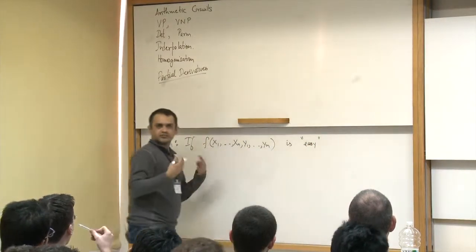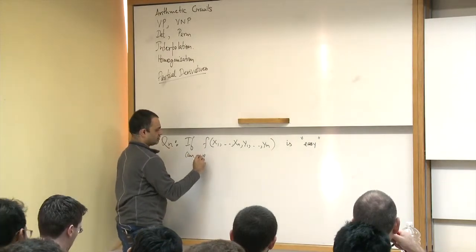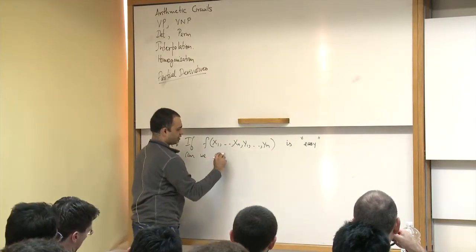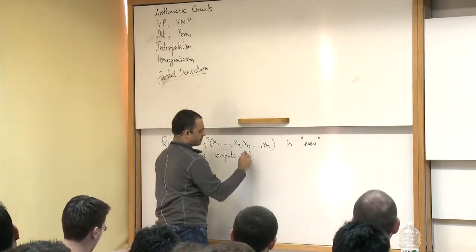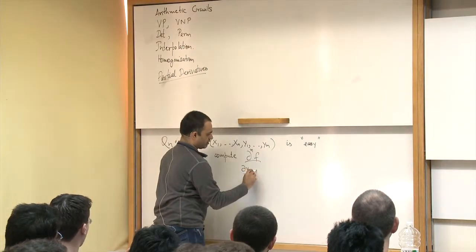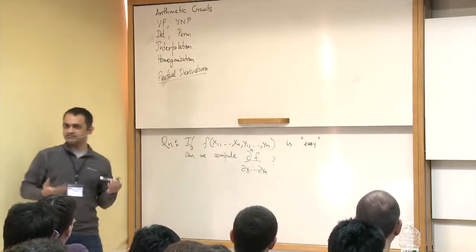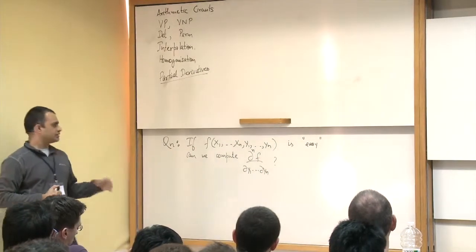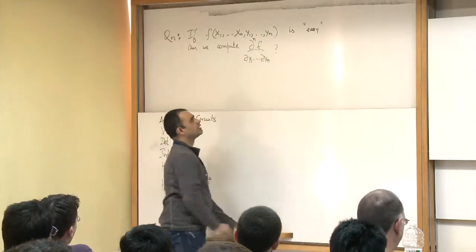By that what I mean is it's computable by a small arithmetic circuit. Can we compute the nth partial derivative of f with respect to y1 through yn? Can we hope to do this efficiently?